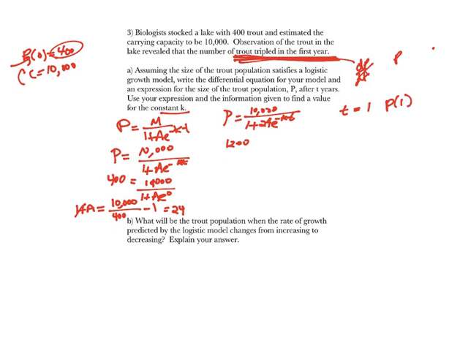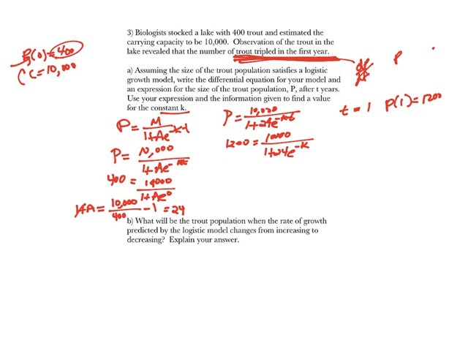So P of 1 is actually 1,200. So 1,200 equals 10,000 over 1 plus 24 e to the negative k, because t was 1. So now I can solve for k.